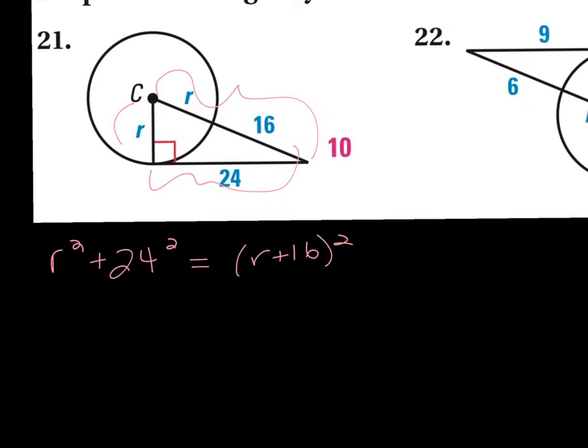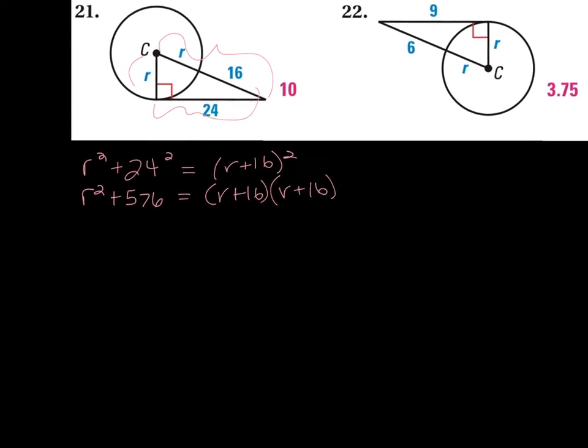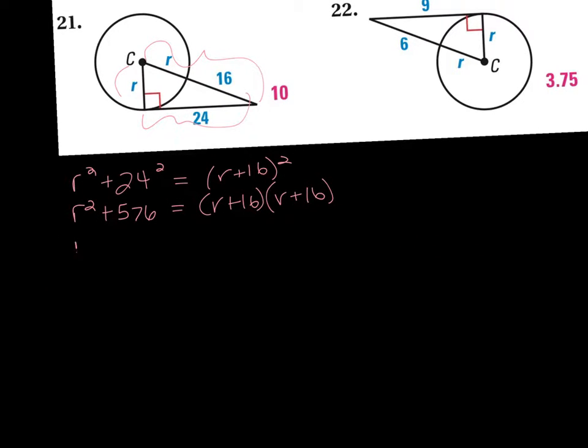So for the ones on the left, obviously r squared stays r squared. 24 times 24 is 576. And then this, I have to expand and FOIL. So r squared plus 576 equals r squared plus 16r plus 16r plus 256.